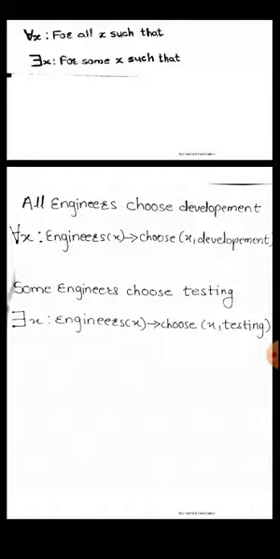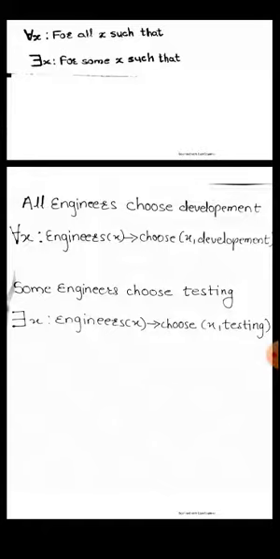Again the sequence matters, because engineers choose testing, that's why we have written choose in bracket x comma testing. If we write testing comma x, the statement goes wrong. That's why we have to take care of the sequence of predicates we write while converting English sentences into predicate logic.